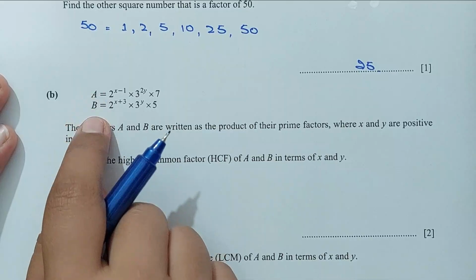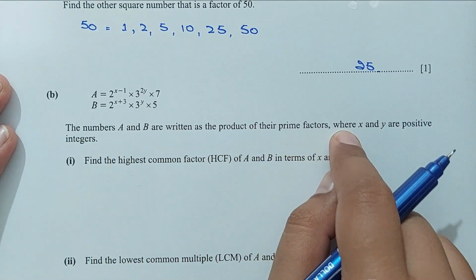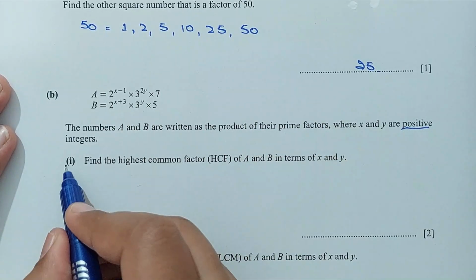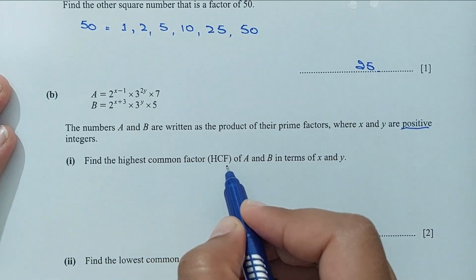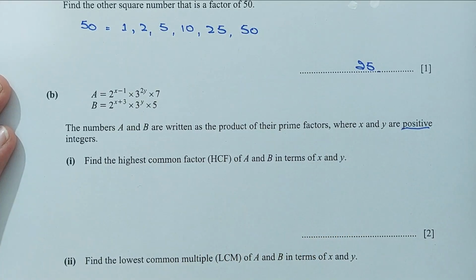Part B, we have A and B. The numbers A and B are written as a product of their prime factors where x and y are positive integers. Both are positive, right? Number 1, find the highest common factor, HCF, of A and B in terms of x and y.